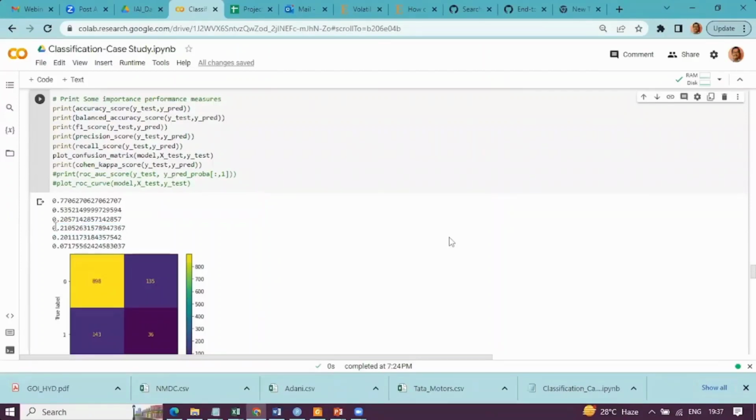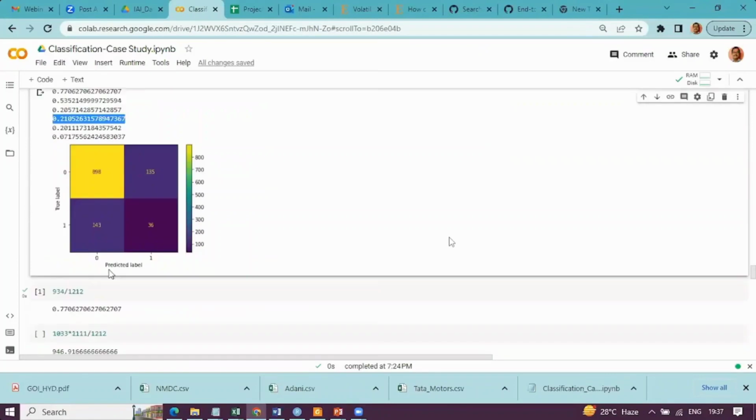So you can compute 2 times 20% times 21%.